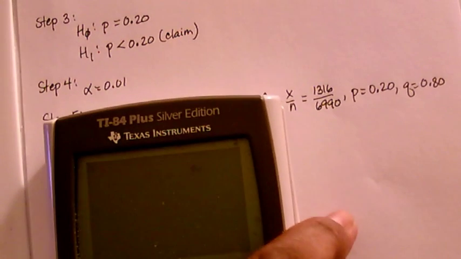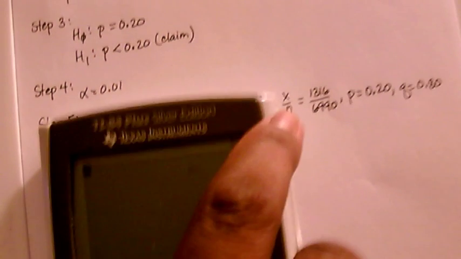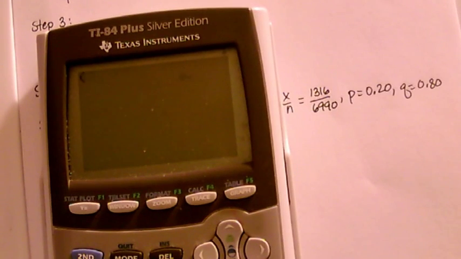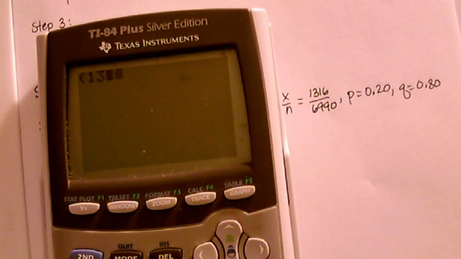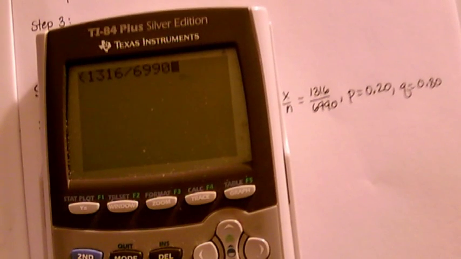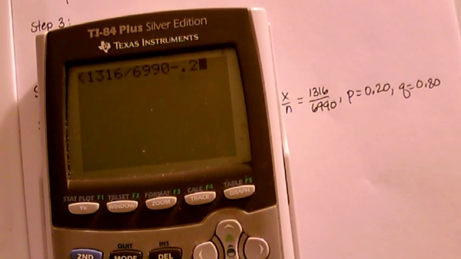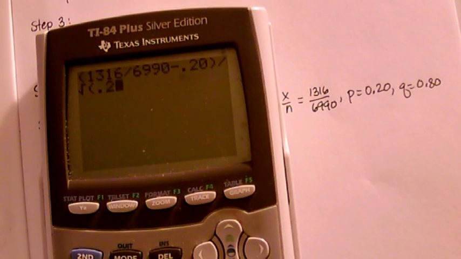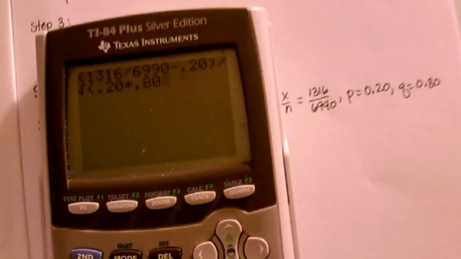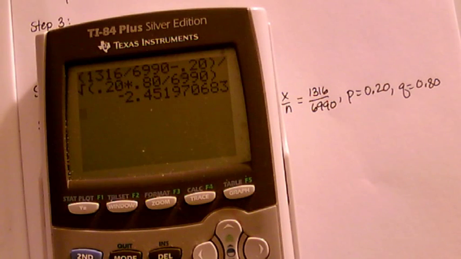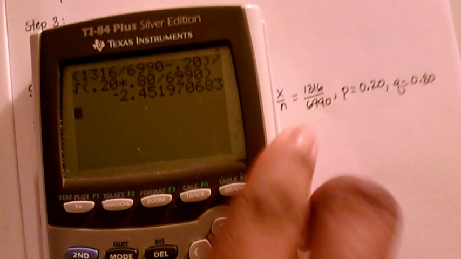And in this case here, starting with left parentheses, 1316 divided by 6990 minus 0.20, and close your parentheses, divided by second x squared for the square root, 0.20 times 0.80 divided by 6,990. Now here my test statistic is going to be negative 2.4520.